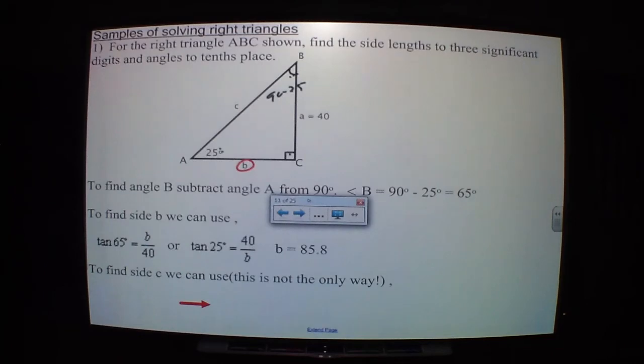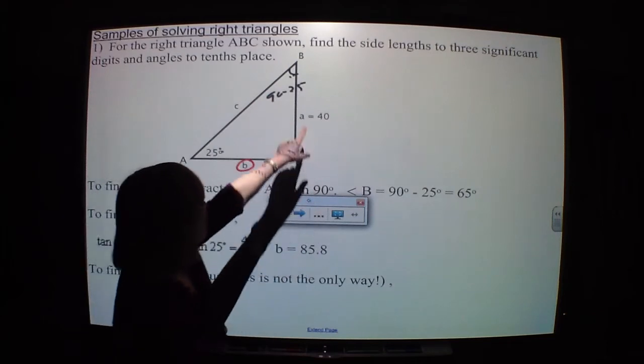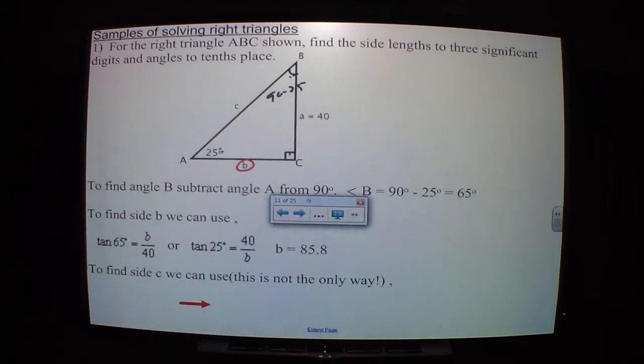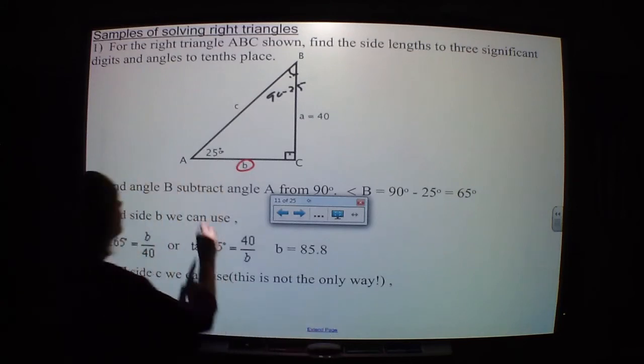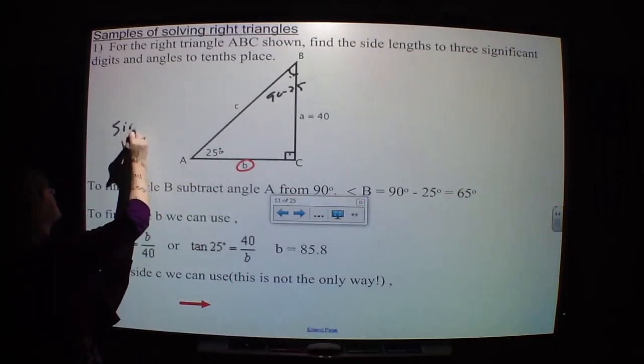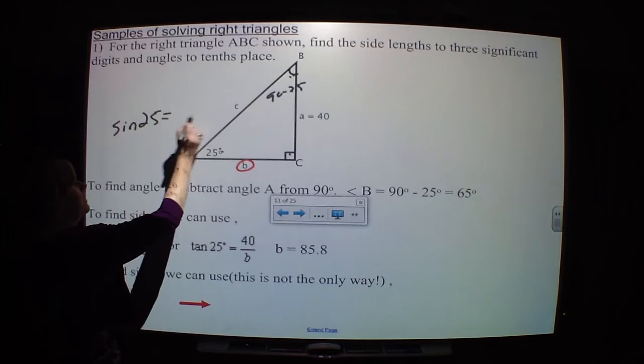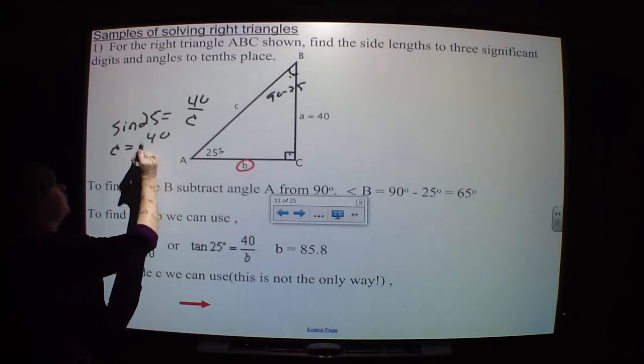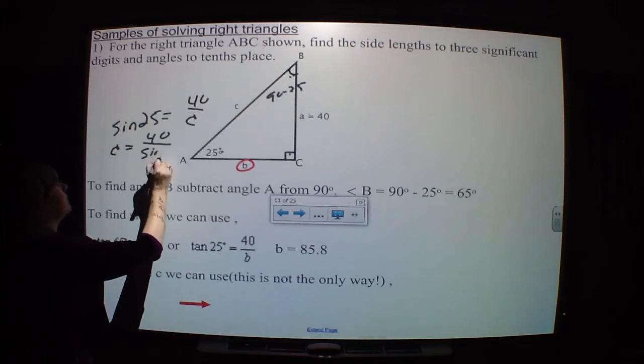And then c, there are multiple ways you could do it. You could do a squared plus b squared equals c squared and find it. You could also use a trig function. I could use the sine of 25 is equal to opposite over hypotenuse, so c is equal to 40 over sine of 25.